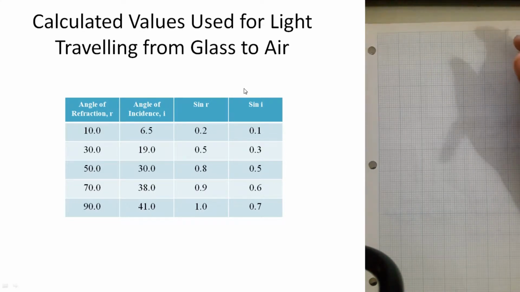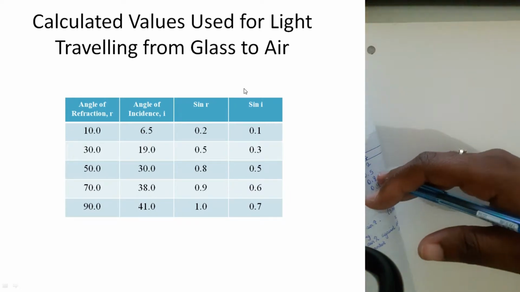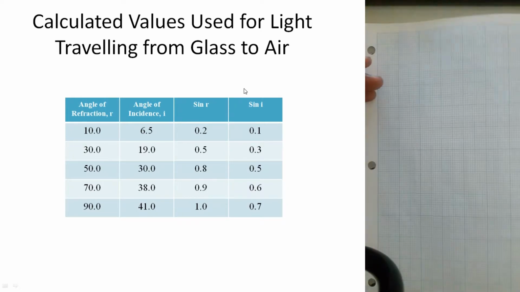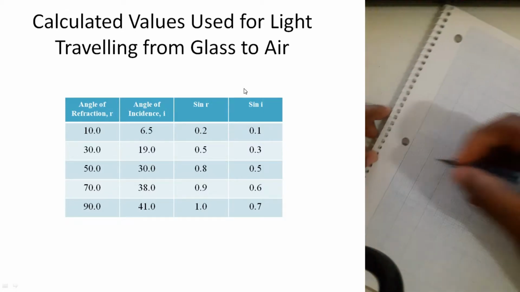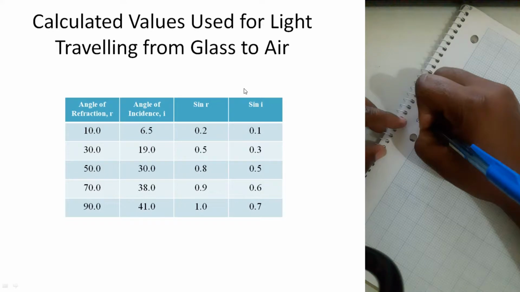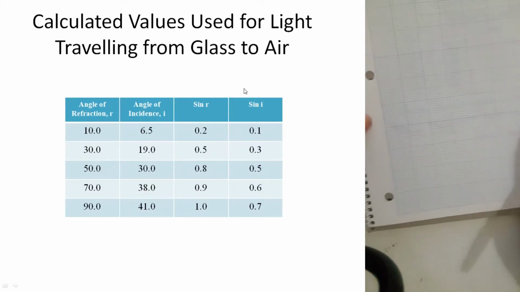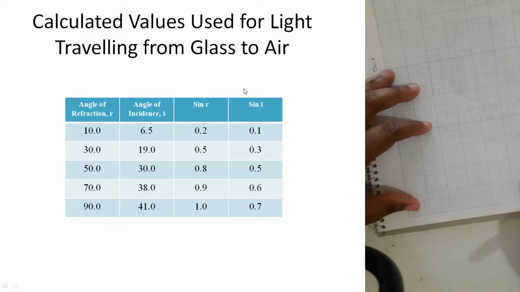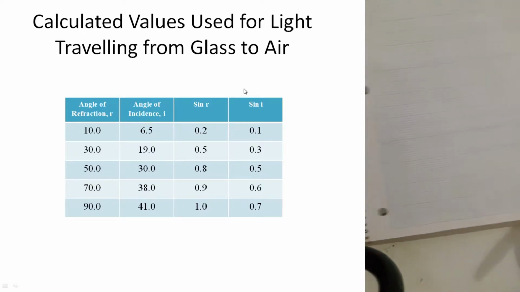So the question said to graph R against I, okay? So graphing R against I, remember I told you sine R would therefore go here on the y-axis, and sine I will go on the x-axis.